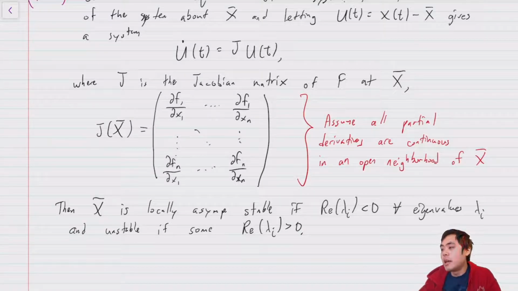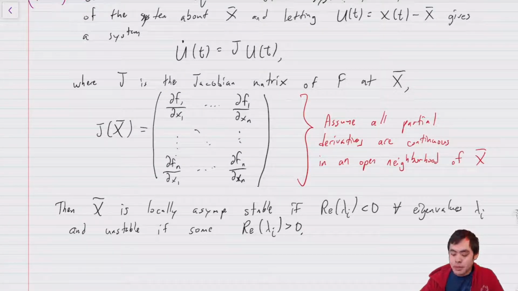And in fact, it turns out that this system will have the same types of classification of behavior as the equivalent linear system, so long as you're hyperbolic, so in the setting where the real part of the eigenvalue is not equal to 0. But we'll get into that a little bit later when we talk specifically about two-dimensional systems.